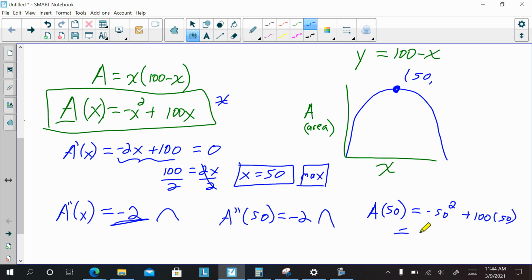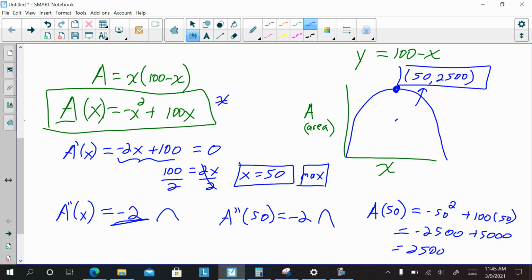This is going to be -2500 plus 5000, which is +2500. So if the length is 50 feet, then the corresponding area, that is the largest area we can produce, is 2500 square feet. So that's the length, and that's the corresponding area.